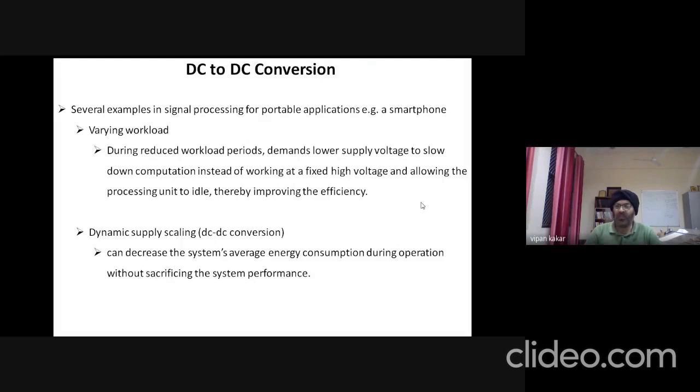So why not take advantage of that? During those reduced workloads, these devices don't need the power supply or voltage supply at that level. So the DC to DC converter is used to lower the voltage levels close to zero or a very low value. In that way, we can save power consumption, thereby saving battery life.